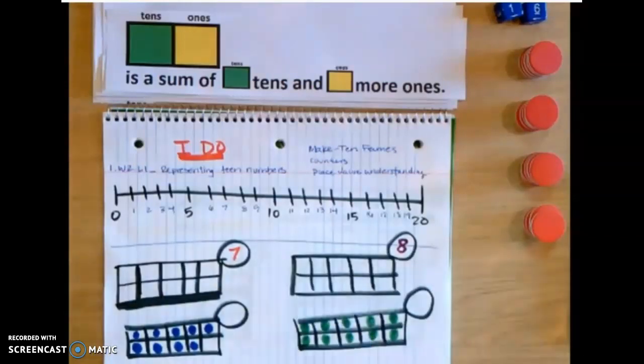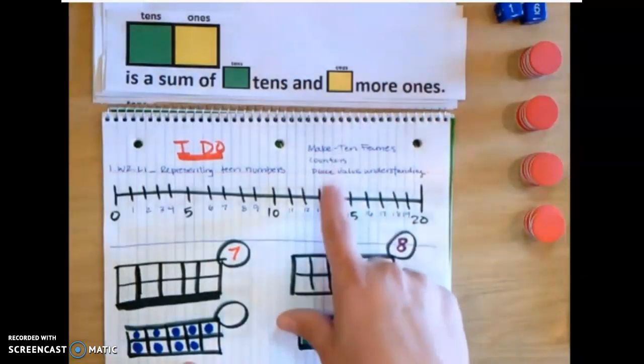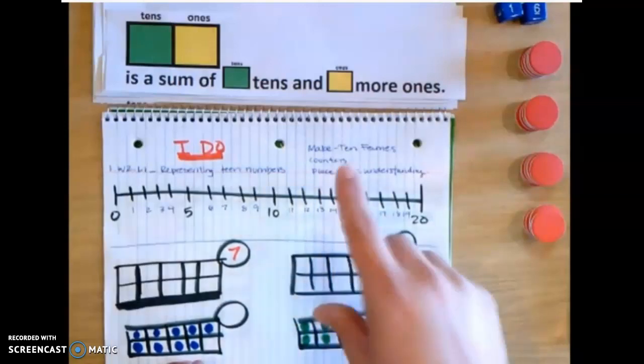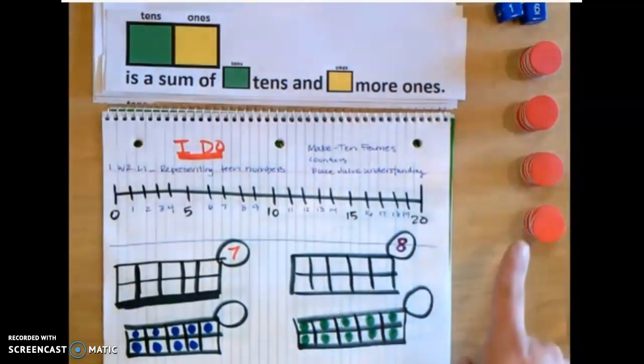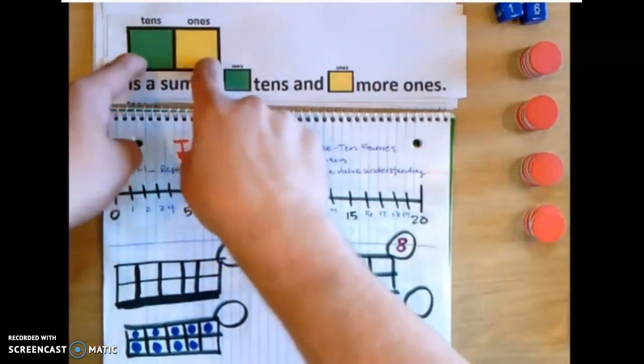Alright, class, and again, we are representing teen numbers, make 10 frames, counters, and making sure we understand those place value notes. Really quickly, to my right are my counters. Above, I have my place value understanding with 10s and my 1s.